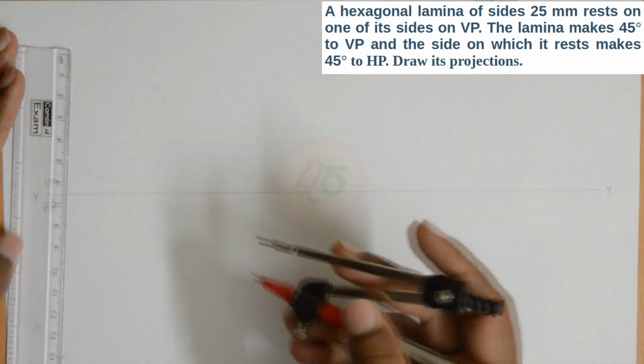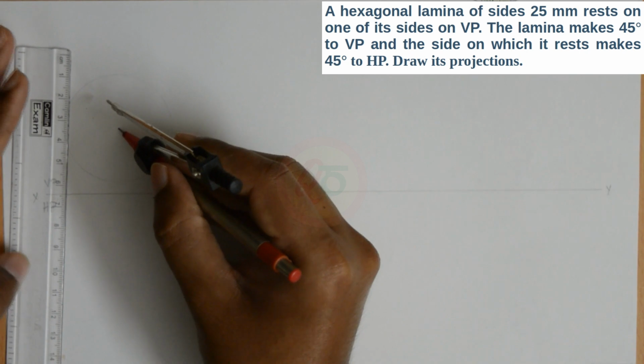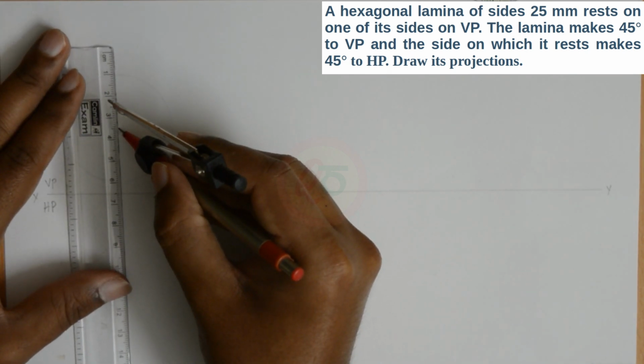Then once you have drawn the circle, note down the center point and on that draw a vertical diameter.